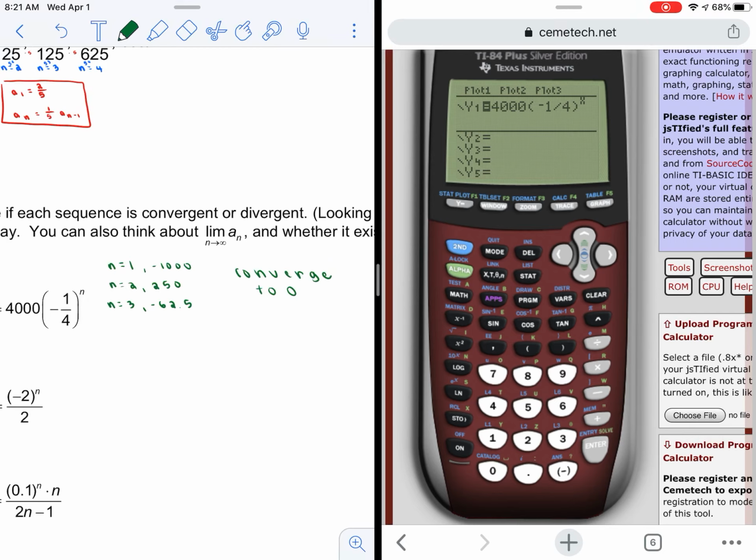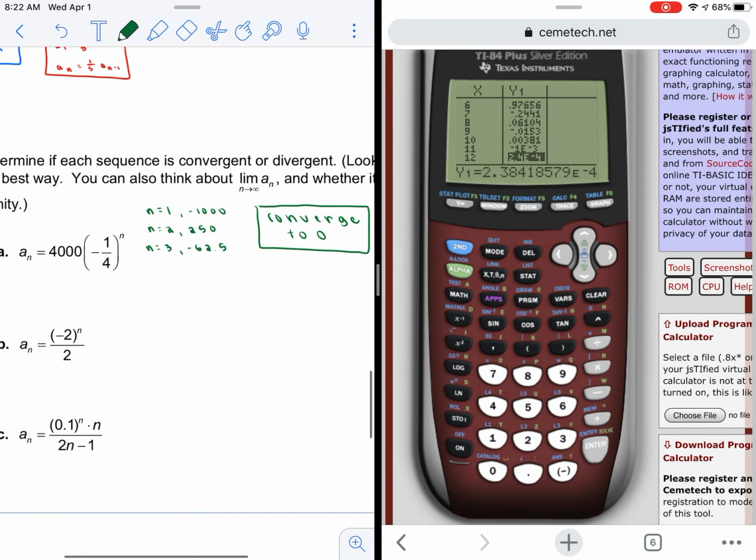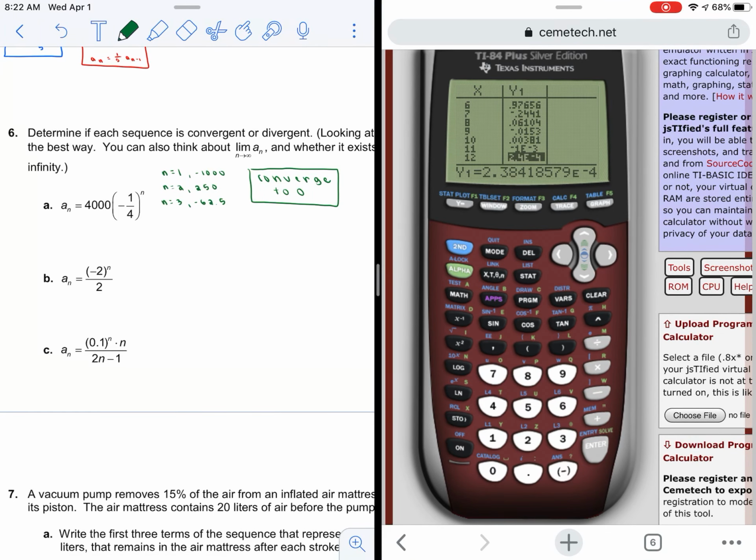But if you go to your table, which is the best and easiest way to see it, you're going to see that as we get larger values of n, these are approaching 0, going positive, negative, but it still is approaching that value of 0. So this does in fact converge. So if you want to try to use your calculator and try parts B and C and then restart the video, I'll go through those as well.